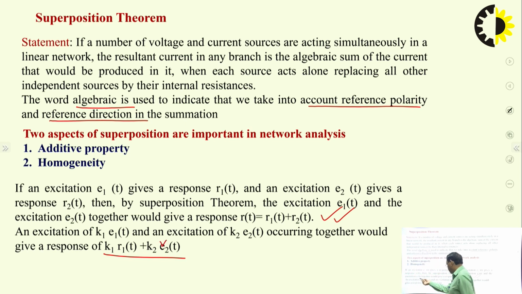So, if the excitation is multiplied by some constant, we get the same multiplication in the output also. These are the two properties that justify the principle of superposition in a network.